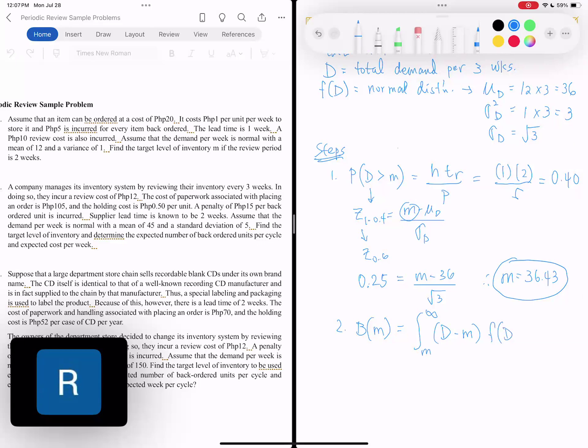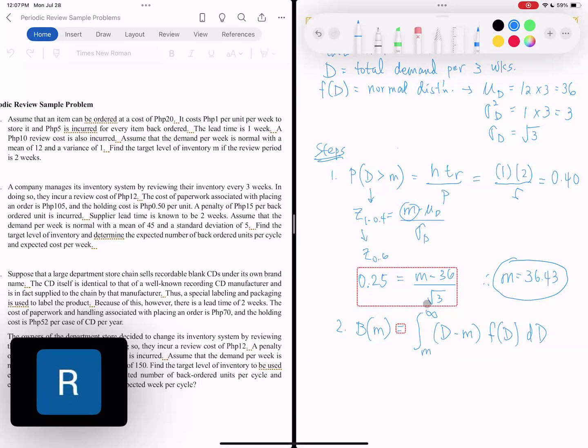Then the probability distribution of capital D, which we have here to be normal in this problem, with mu and sigma as the parameters of the normal distribution, and then dD. For other distributions that are not normally distributed, you have to put the probability distribution into this formula and then integrate. If it's an exponential distribution, you put it here.